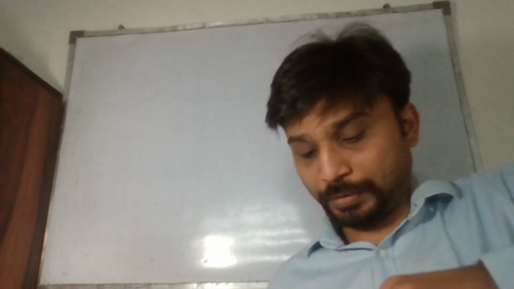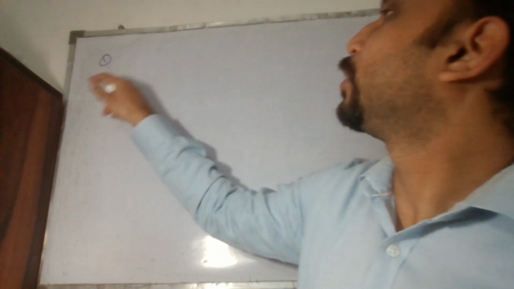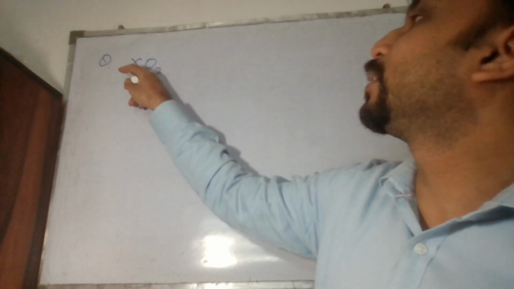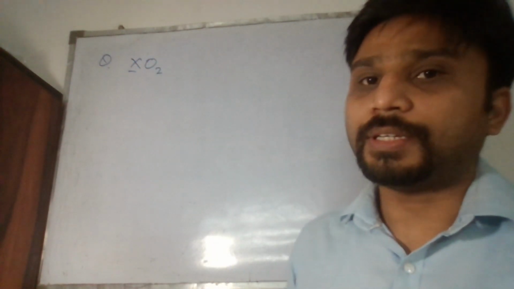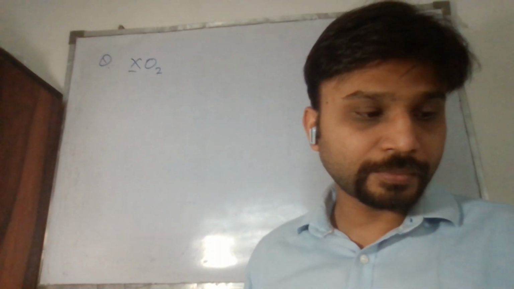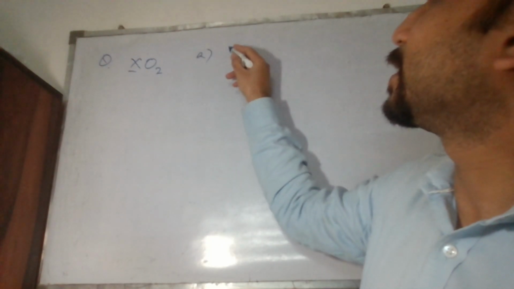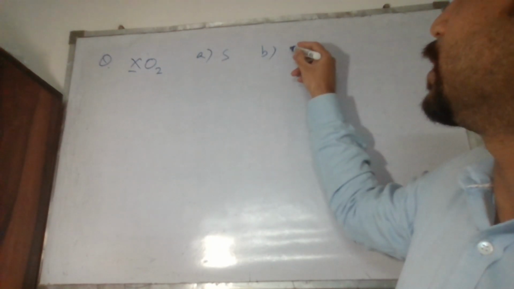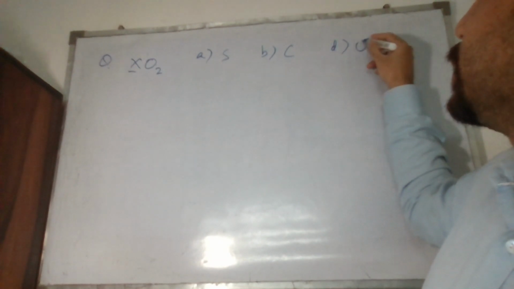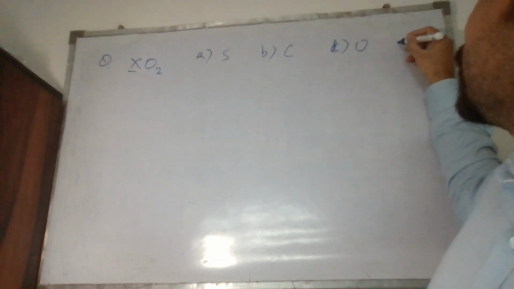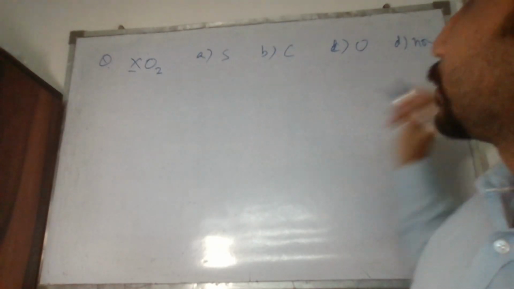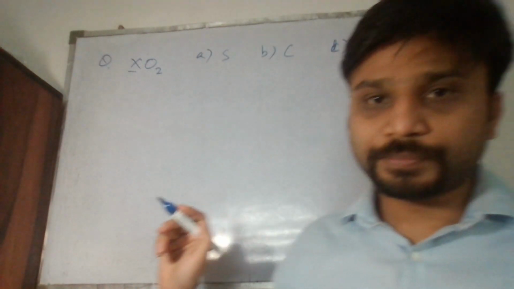XO2 molecules. So these XO2 molecules, we want to figure out what X is. We are given that this X can be option A sulfur, option B carbon, option C oxygen, and option D. Okay.